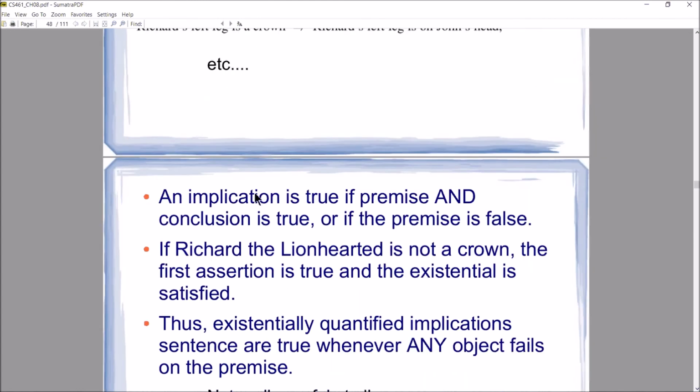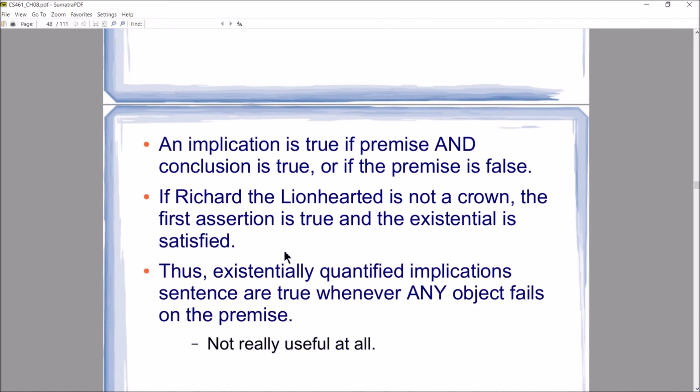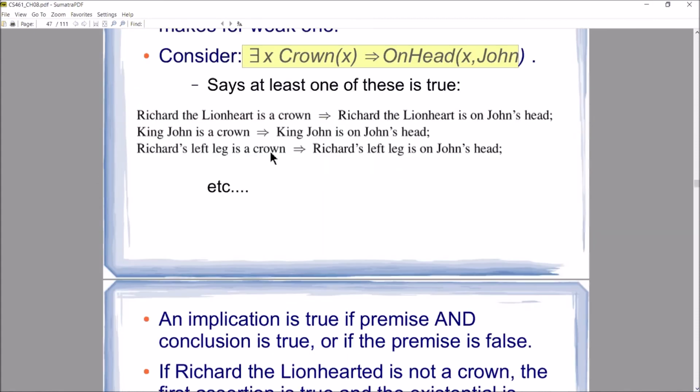Now remember, an implication is going to be true if its premise and conclusion are true, or if the premise is false. If the premise is false, it doesn't matter what the conclusion is, the whole thing's going to be true. So Richard the Lionheart is not a crown, and that first assertion will be true and the existential is going to be satisfied.